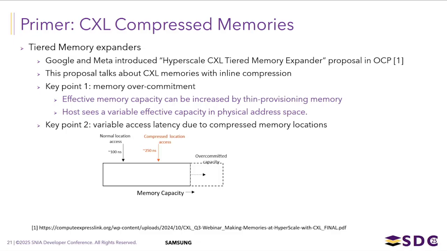If the normal CXL access latency is around 250 nanoseconds, the latency on accessing the compressed locations would be around 1 microsecond, something of that sort. So the host workload should be tolerant of that. There are certain workloads which can tolerate this kind of higher latency, so it's meant for that kind of workload.